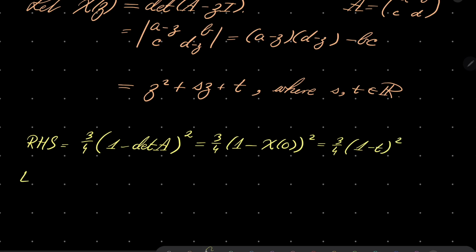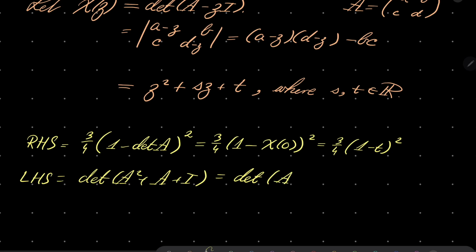Alright, now the left-hand side is trickier. On the left-hand side we have the determinant of A squared plus A plus I. Now, using our factorization, it's the determinant of (A minus omega I)(A minus omega squared I).